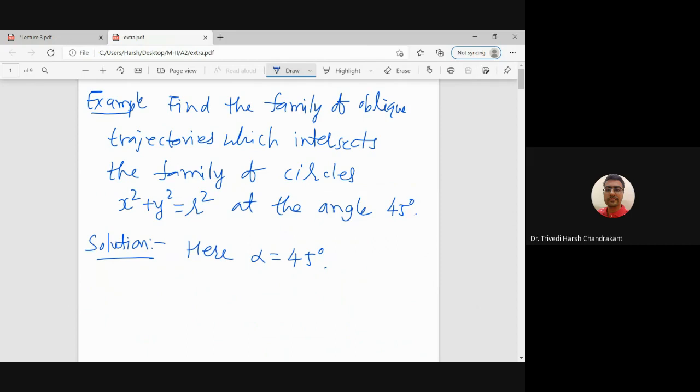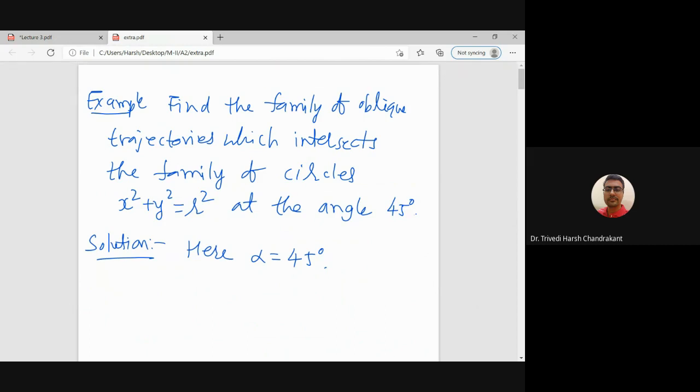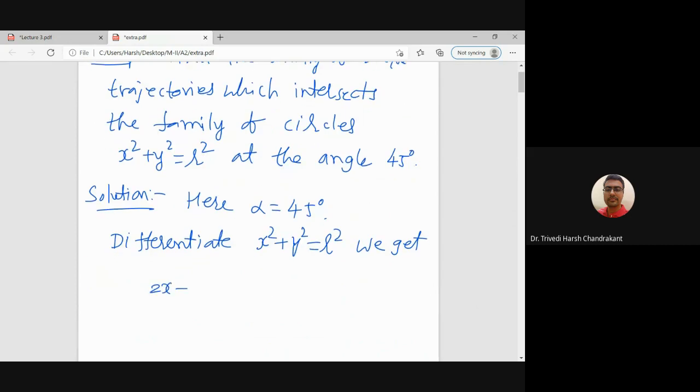So whenever we want to find the differential equation, we differentiate the equation of the curve with respect to x. We get 2x plus 2y y dash is equal to 0, and that gives us x plus y y dash is 0, and that is nothing but y dash is equal to minus x by y.